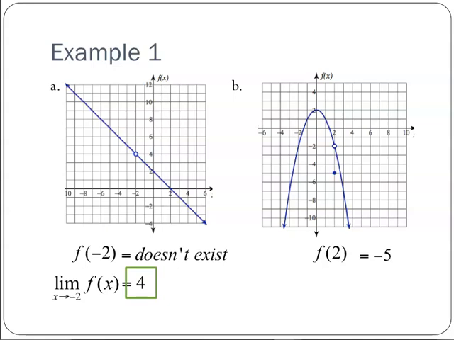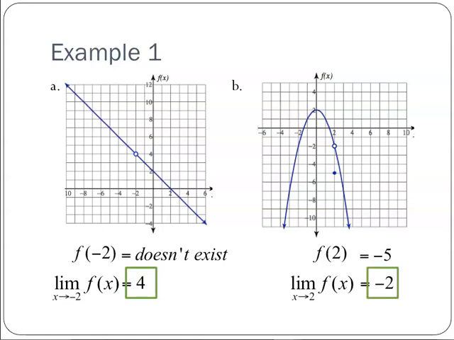However, if you were asked what is the limit of f of x as x approaches 2, looking at the parabola, as you get very, very close to 2, it looks like it approaches -2.